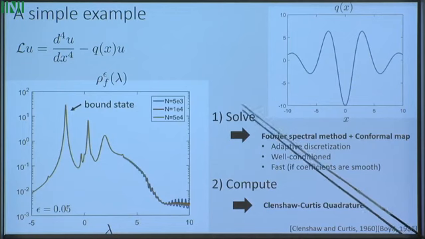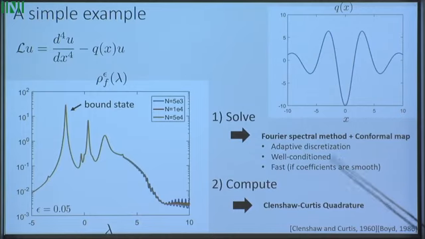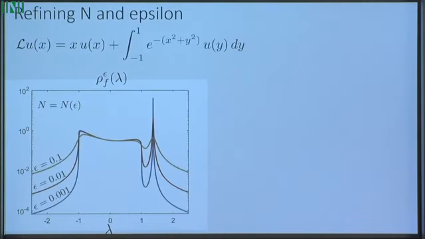This ODE is posed on the real line, but we can also do ODEs posed on the half line. In that case, instead of using a Fourier spectral method, we map to the unit interval and use the ultraspherical spectral method, which my supervisor likes to call the non-periodic analog of Fourier spectral method. And then in that case, we use the Clenshaw-Curtis quadrature to compute the inner products.